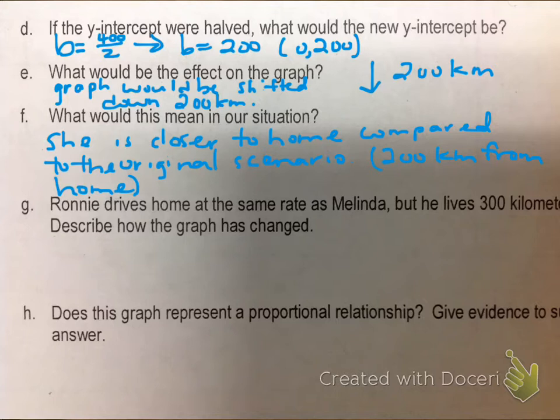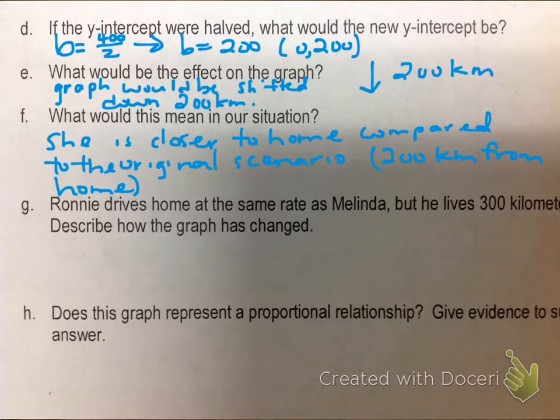Now if Ronnie drives home at the same rate as Melinda, but he lives 300 kilometers away, describe how the graph has changed. Okay? Using the same scenario. Alright, so Ronnie's driving home at the same rate as Melinda, but he lives 300 kilometers. So if he's driving home at the same rate, that's a key word that I don't want to overlook here.